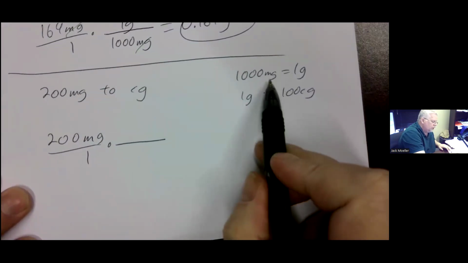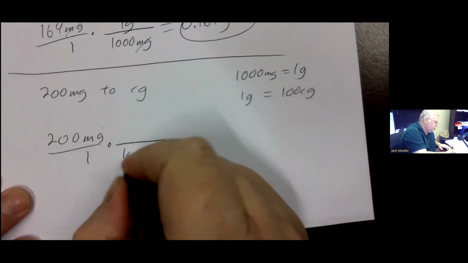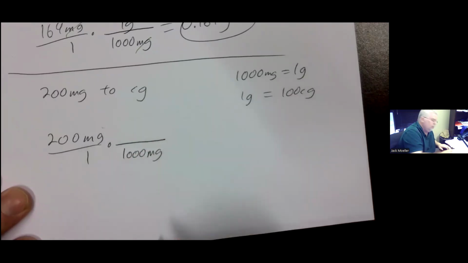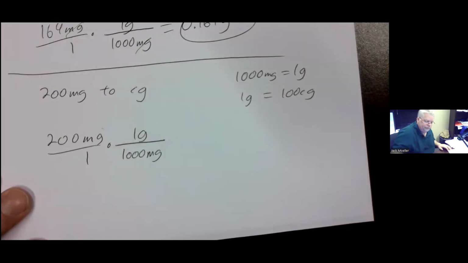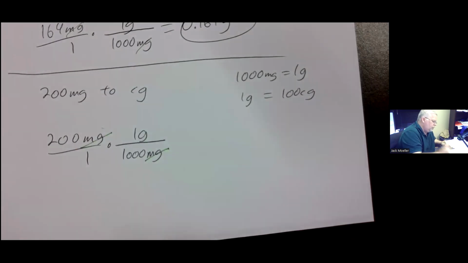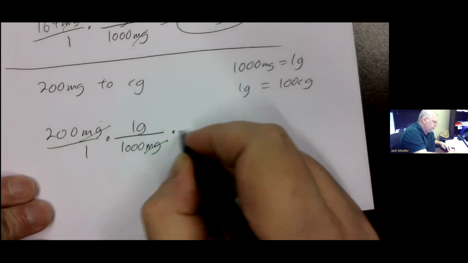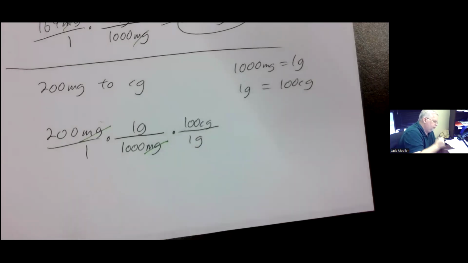And so now we need 1,000 milligrams is 1 gram. Milligrams is on top here, so it needs to go on the bottom here. So 1,000 milligrams under 1 gram. And now from grams to centigrams, 1 gram on bottom, and then centigrams on top.